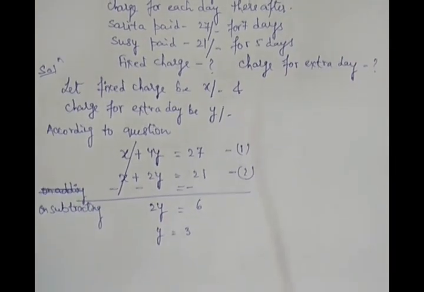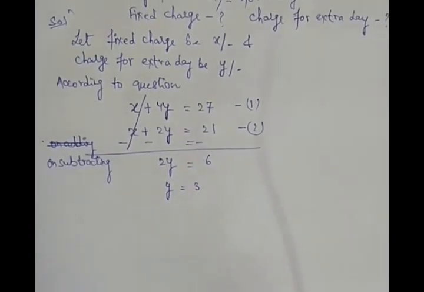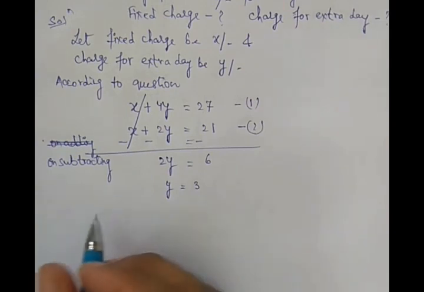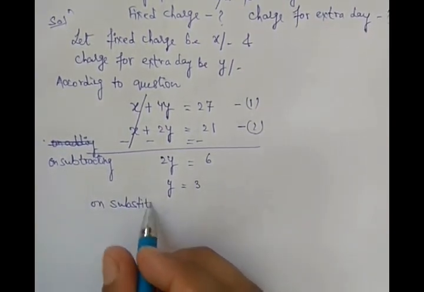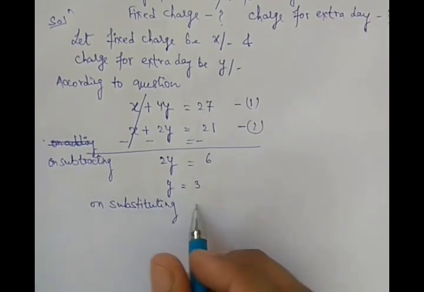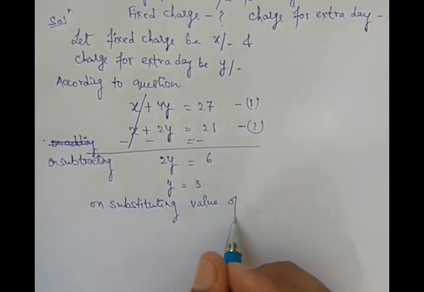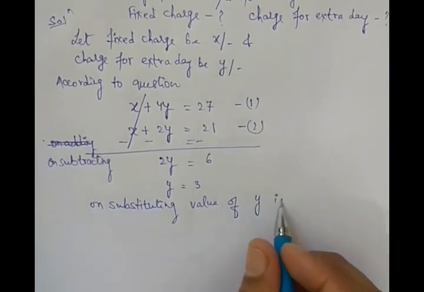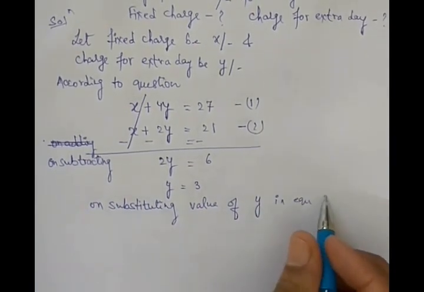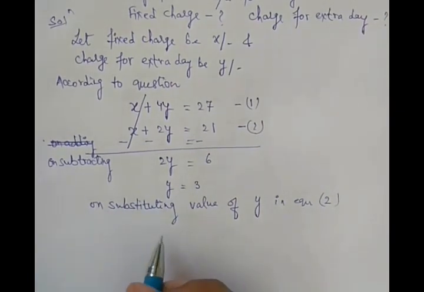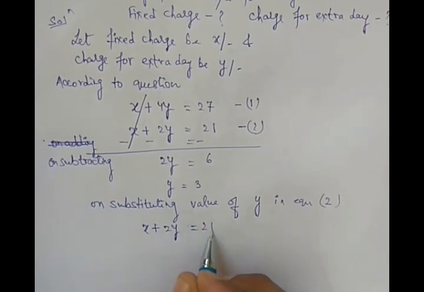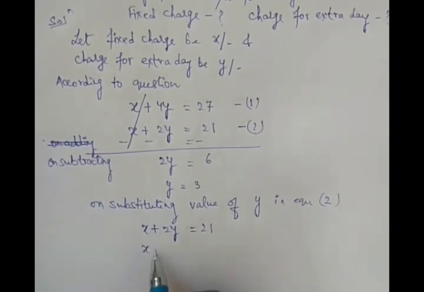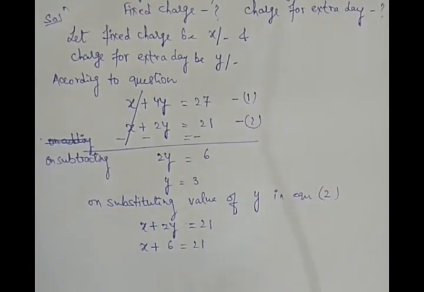Now what we have to do, now substitute the value of y in any of the equations. So we will write on substituting the value of y in equation 2, this will give you x plus 2y is equal to 21. So x plus 6 is equal to 21.